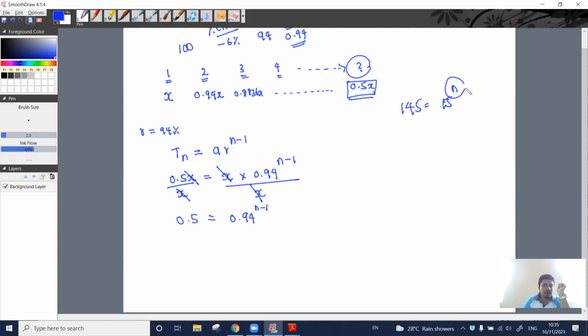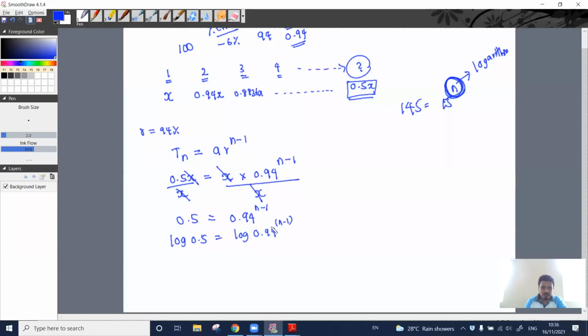If there is an unknown term as a power, the tool we can use to find this value is what? That is logarithm. That is logarithm. Right? So how can we apply logarithm here? Simply apply logarithm to both sides, for the left hand side as well as for the right hand side.